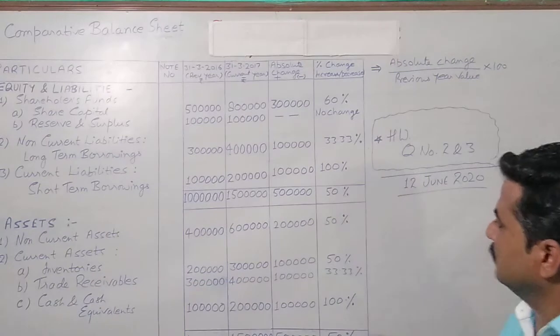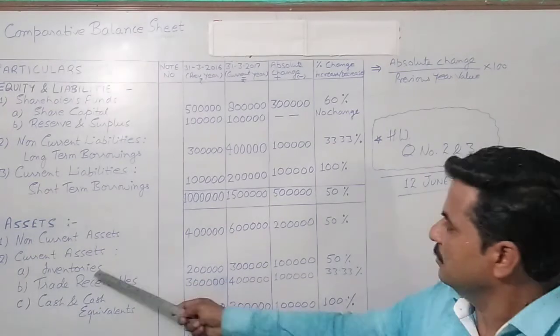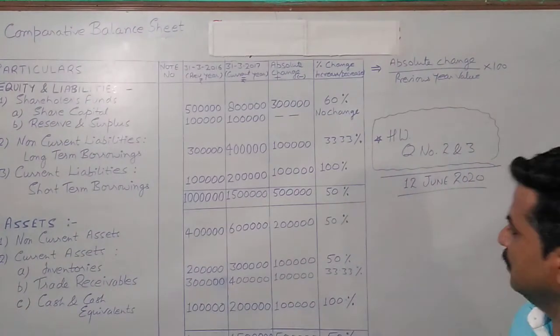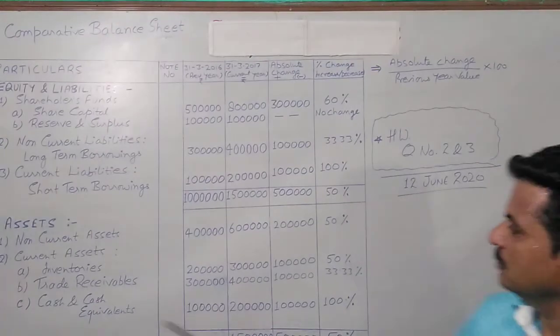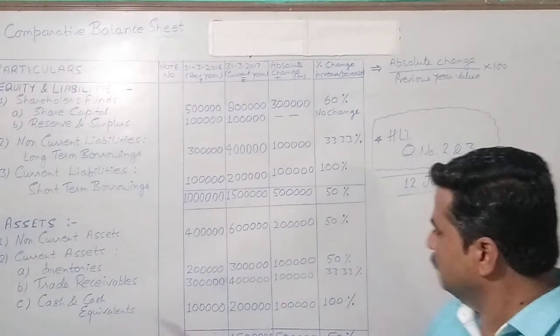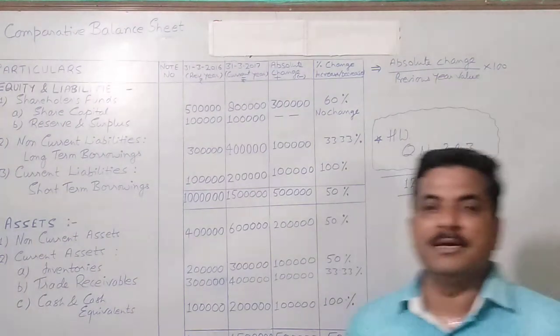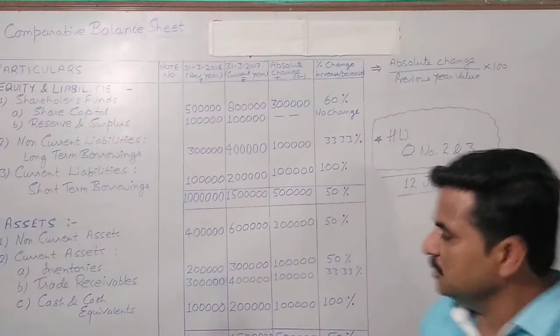There is an increase of rupees 1 lakh in inventories. Trade receivables have increased by rupees 1 lakh, and cash and cash equivalents have also increased by rupees 1 lakh. And there is a complete increase of rupees 5 lakh as compared to the total of last year's balance sheet.